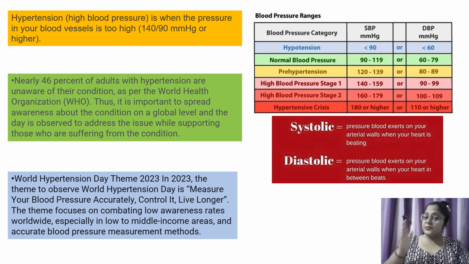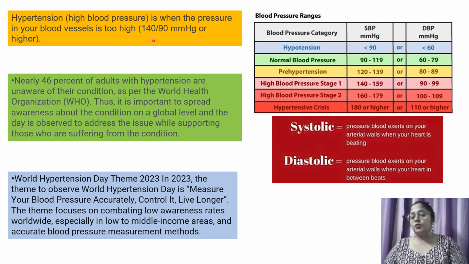So the SBP is the systolic blood pressure and the DBP is the diastolic blood pressure. When we say a blood pressure, see, 140 by 90, the 140, or the upper range, is the systolic blood pressure, and the 90, or the lower range, is the diastolic blood pressure.